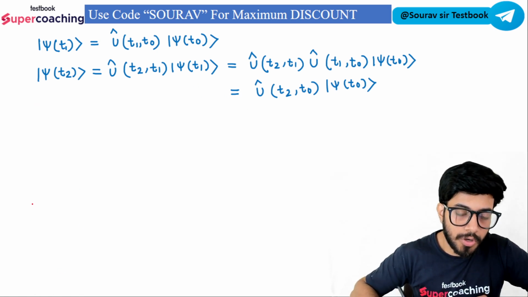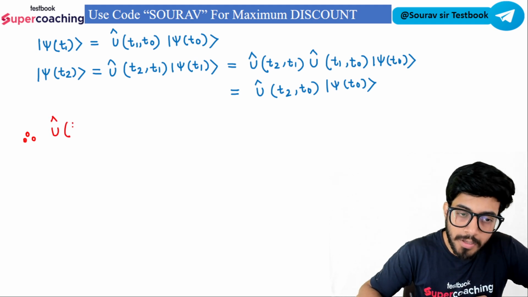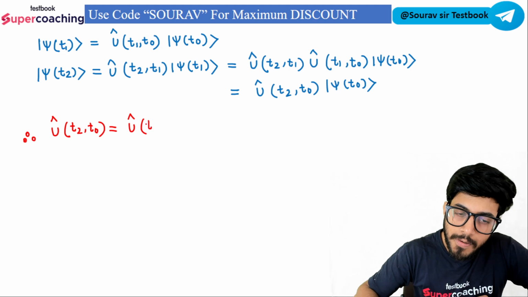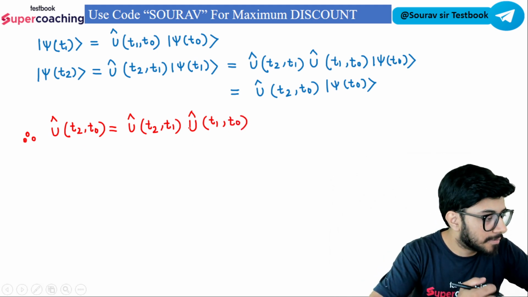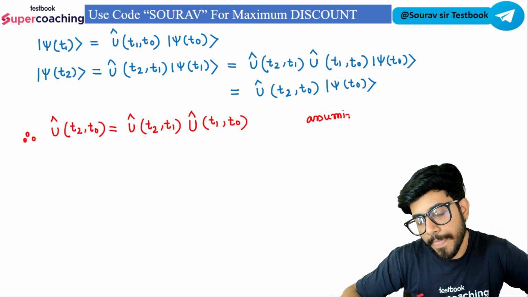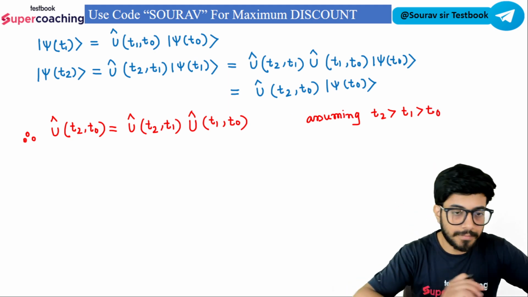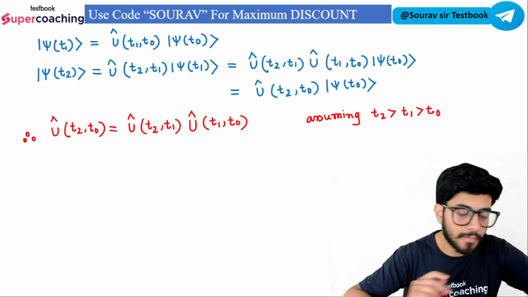Therefore, altogether I must write u cap of t2 comma t0 can be written as u cap of t2 comma t1 u cap of t1 comma t0, that thing. Assuming t2 is greater than t1, that is greater than t naught. Let's say this, that we can do.